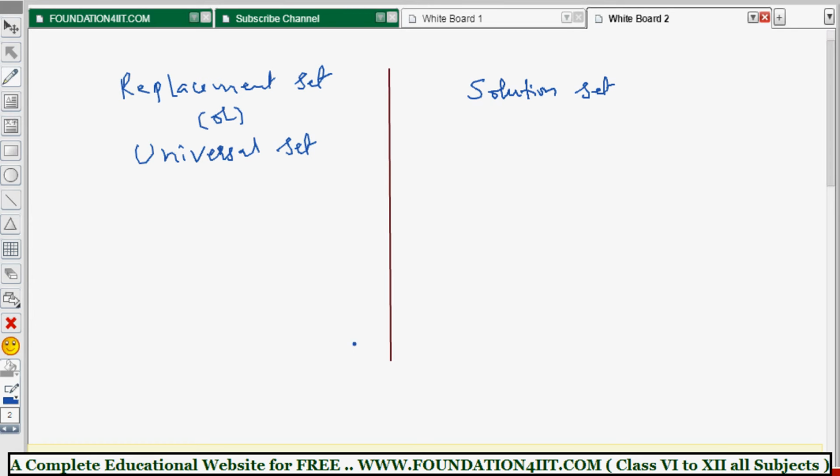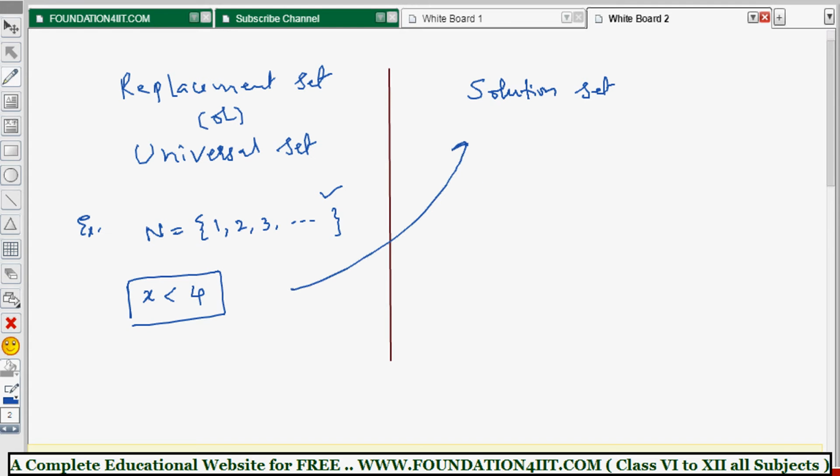I'll explain here. For example, natural numbers: 1, 2, 3, and so on till infinity. In the inequation I am taking x is less than 4. Now all the natural numbers are the universal set. In this only we should write the solution set.